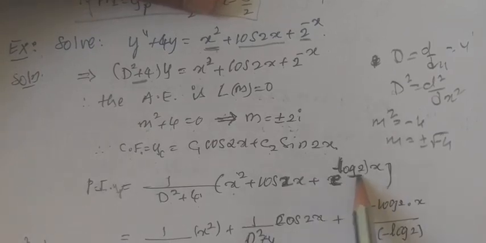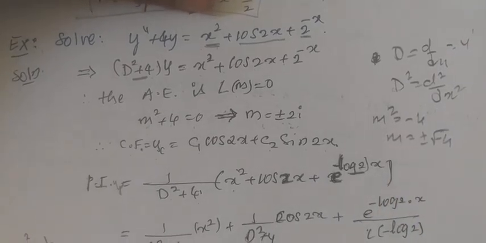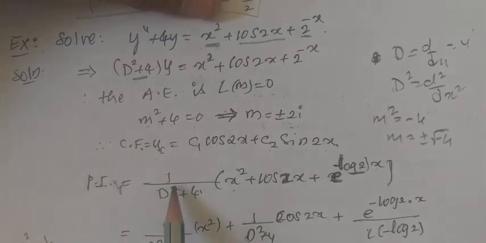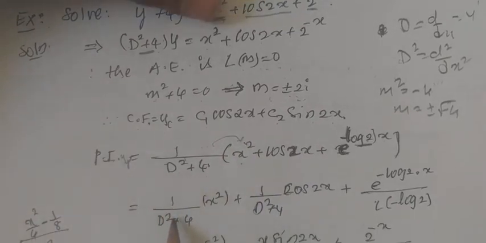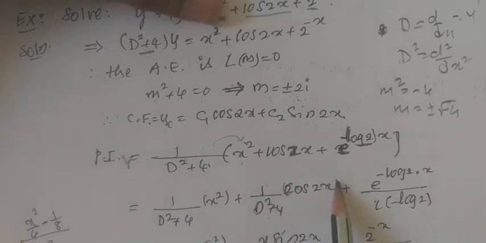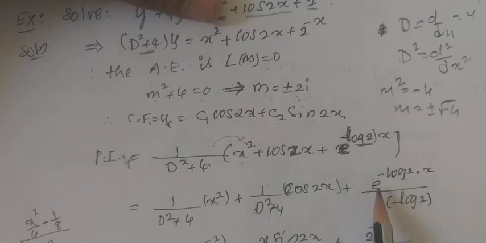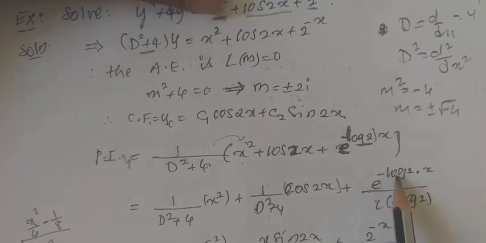Here a becomes -log 2. Since this inverse operator 1/L(D) is a linear operator, you operate it term by term: 1/(D²+4) of x², 1/(D²+4) of cos 2x, and 1/(D²+4) of e^(-log 2 · x).